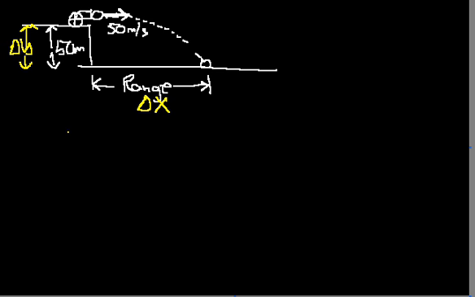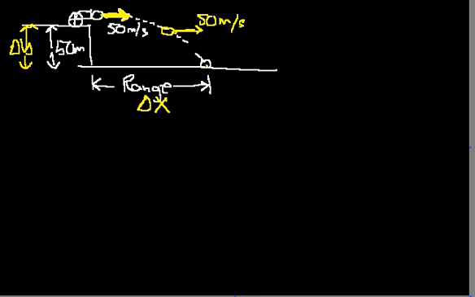So last time we said that we know something about horizontal projectile motion, don't we? We know that the velocity in the x direction, which I just put in yellow, doesn't change. If I've got 50 meters per second here, when the ball is over here I'm still going to have 50 meters per second in that direction.